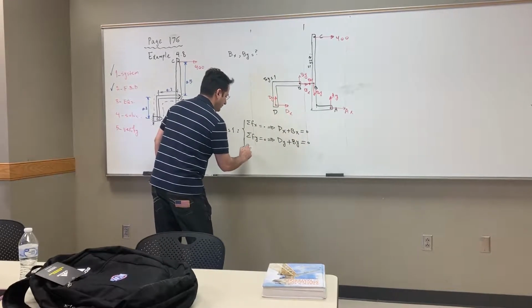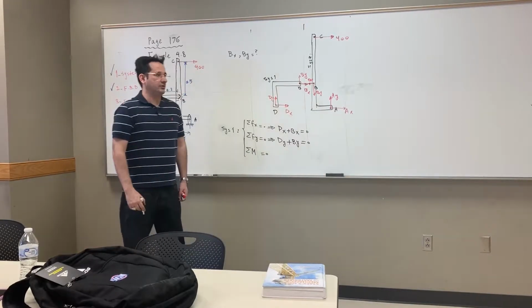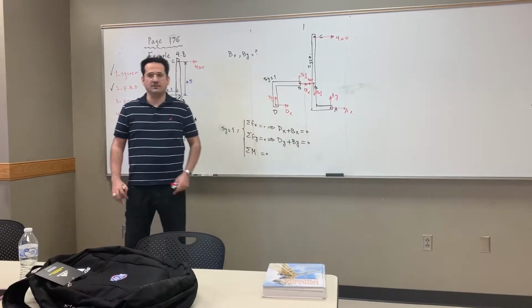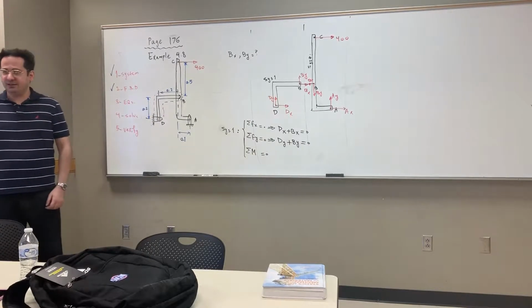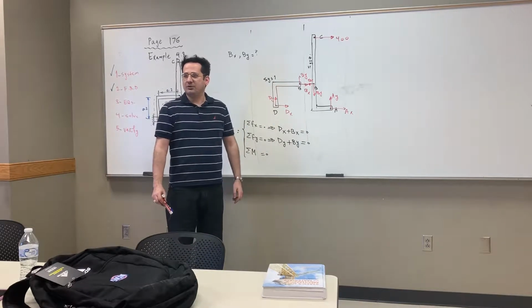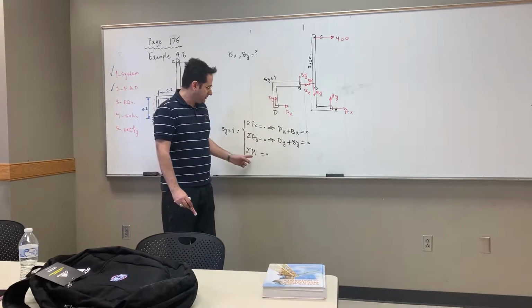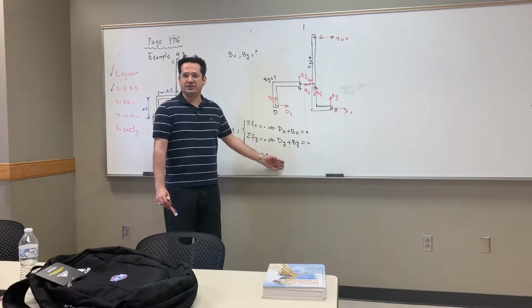Summation of moment. But the point is, the moment is 0 about any point. What point should I choose? D or B? D. Because if I choose B, what happens is B would disappear from this relation here.